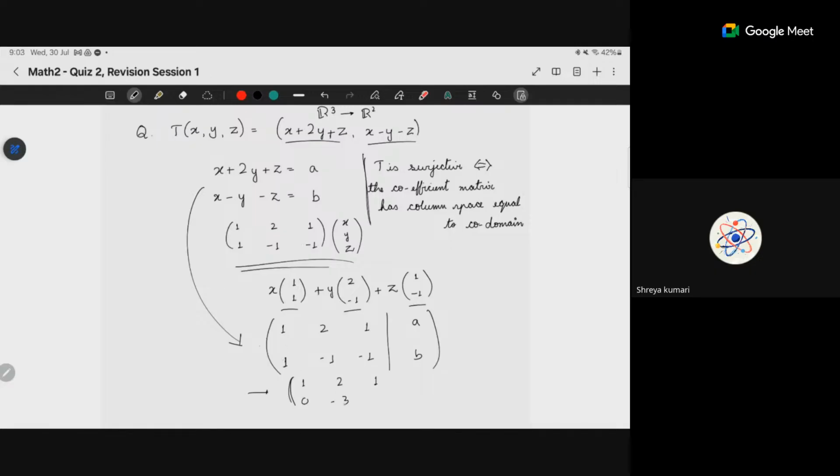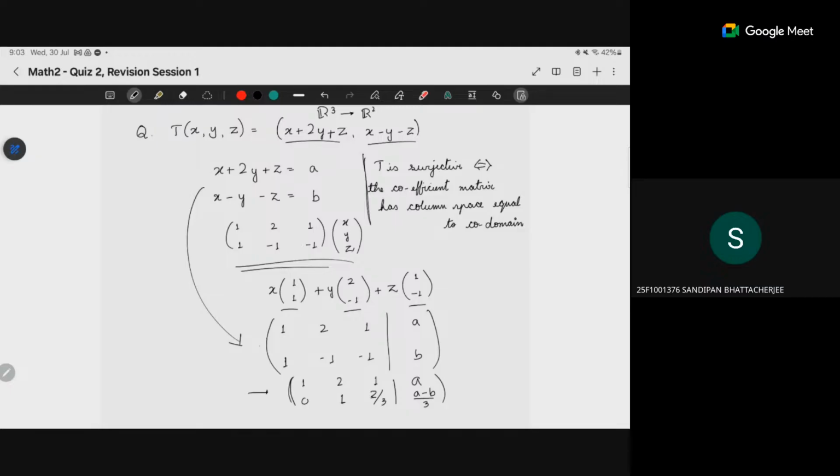I get -3, -2. And I'll just normalize it, divided by -3 to get 1 and 2 by 3, I think. Okay. So what did I do? B minus A. So I did B minus A divided by -3. You can do all of this. B minus A becomes A minus B by 3. Just check whether this is correct.